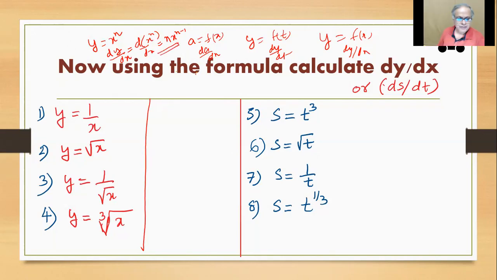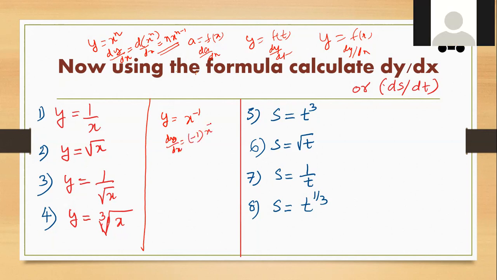That's the formula. So now tell me, how should I write y equals 1 by x? X power minus 1, right? Yes, sir. Dy by dx equals minus 1 into x to the power minus 1 minus 1. So how much is that? Minus 1 by x square, which I can write as x to the power minus 2.